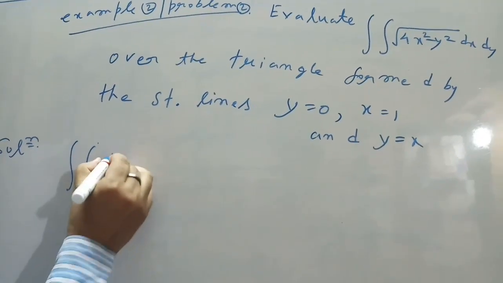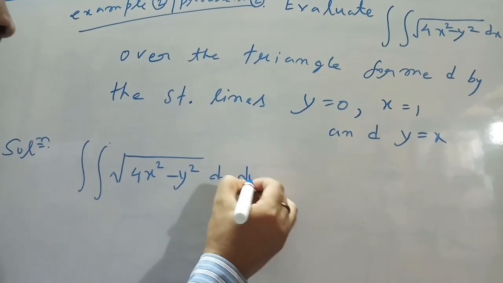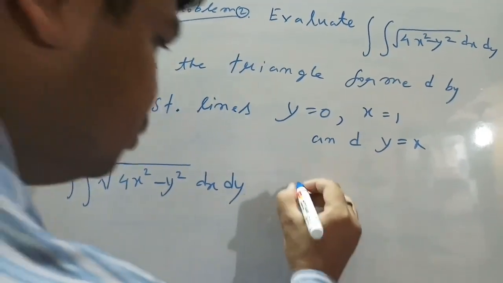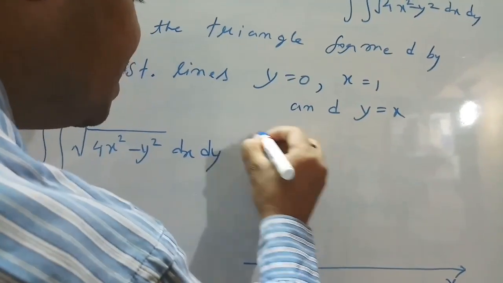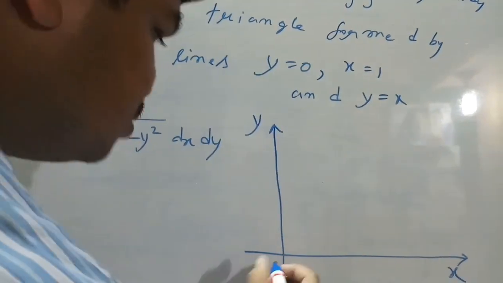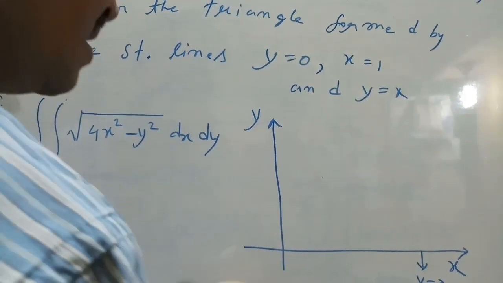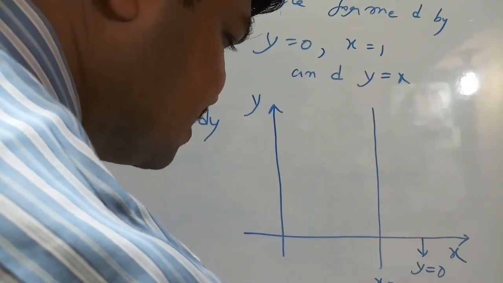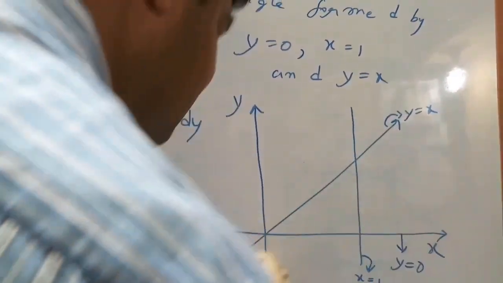Now the solution: the double integral of 4x square minus y square dx dy. Before finding this value, we will draw the picture. This is your x-axis, this is your y-axis, and this is y equal to 0, the x-axis. x equal to 1 is parallel to the y-axis, and y equal to x is this line.